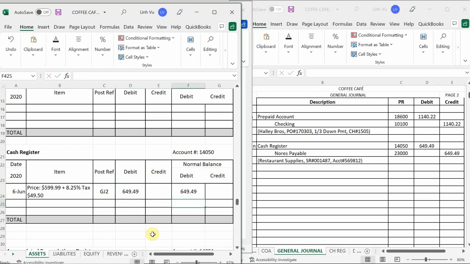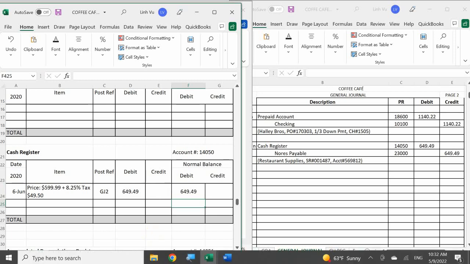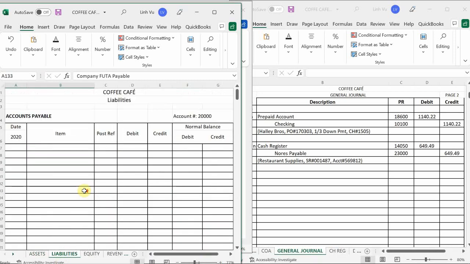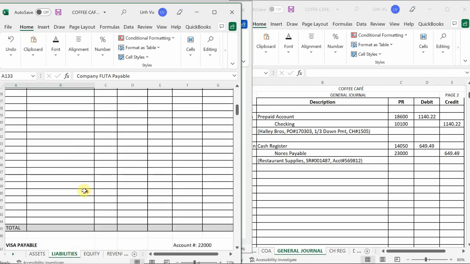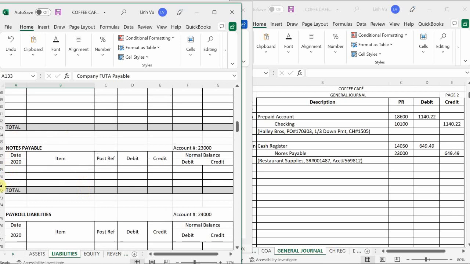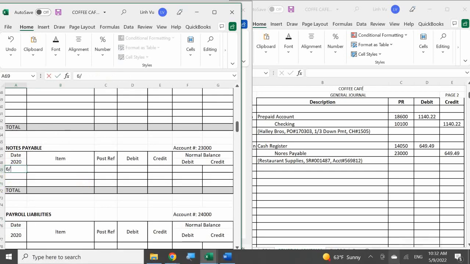Okay. And this is my very first liability account. Okay, so we're going to tap into liabilities. Okay, and let's see. It wasn't accounts payable, it wasn't Visa payable, but we paid on an account through a notes payable.